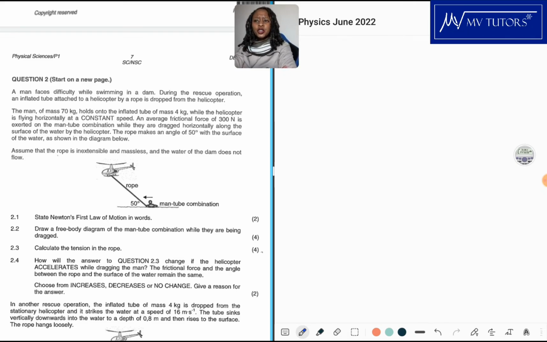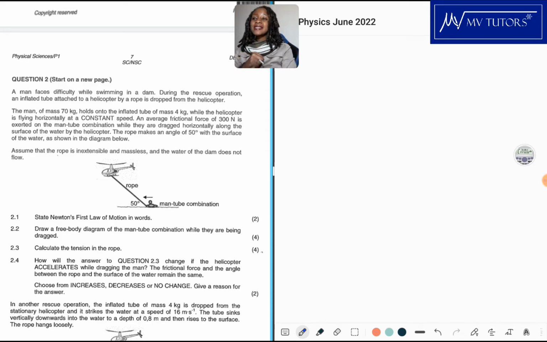An average frictional force of 300 Newton is exerted on the man-tube combination while they are dragged horizontally along the surface of the water by the helicopter. The rope makes an angle of 50 degrees with the surface of the water, as shown in the diagram below. Assume that the rope is inextensible and massless, and the water of the dam does not flow. Anyway, let's start with the question.